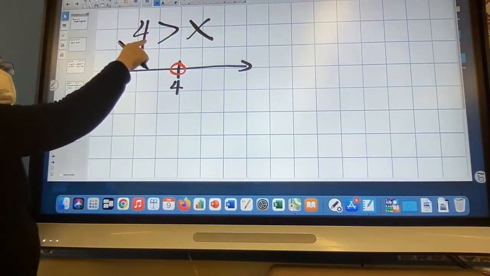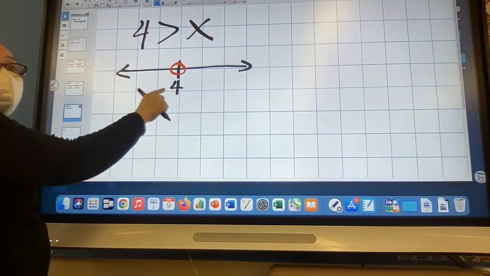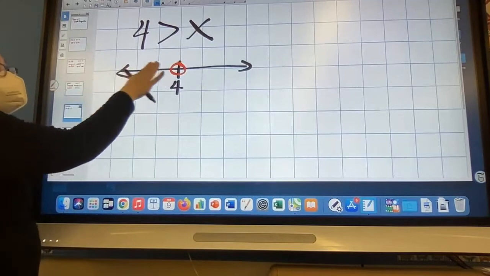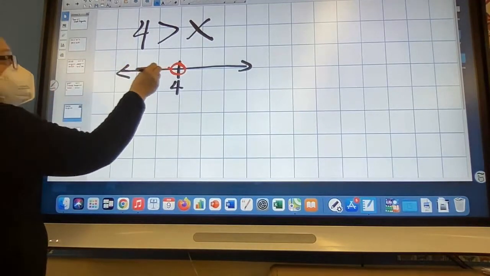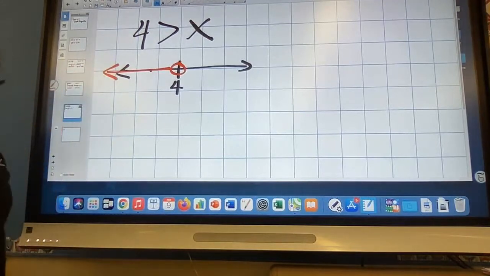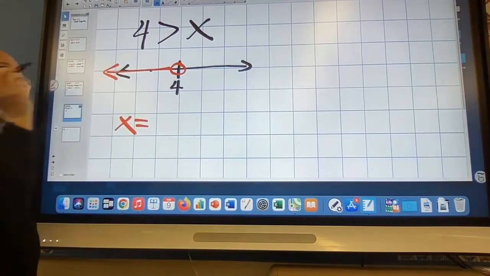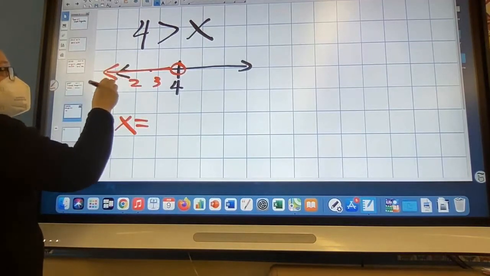4 should be greater than x. So that is 4 is greater than any x. So it means it should be on this side because that is the left side of 4. If we go this way. Alright? So therefore, the possible solution for this is 3, 2, 1, 0.